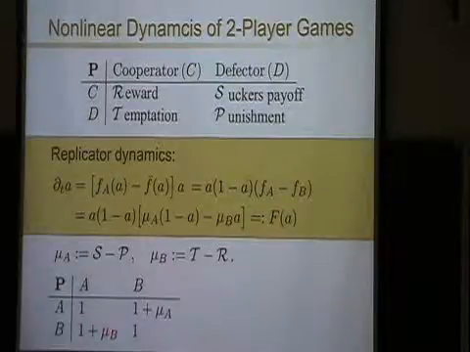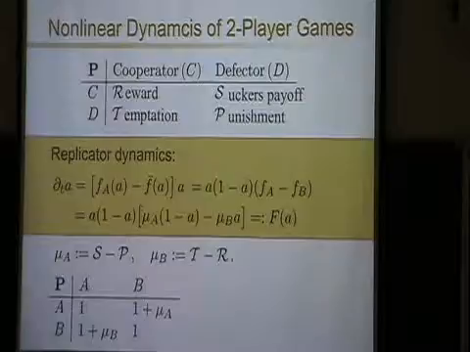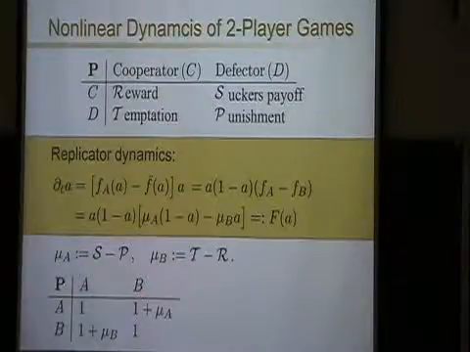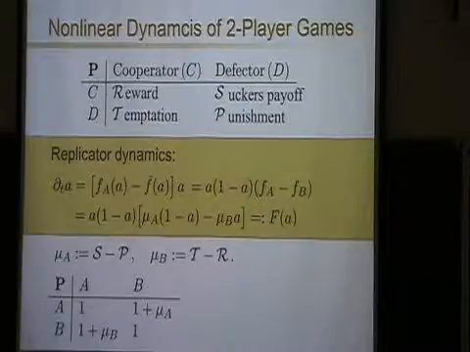Mu B is the advantage of playing strategy B as compared to strategy A, and vice versa. Mu A is the advantage of playing strategy A if the opponent is playing strategy B. This is an equivalent form of the payoff matrix here for the replicator dynamics.